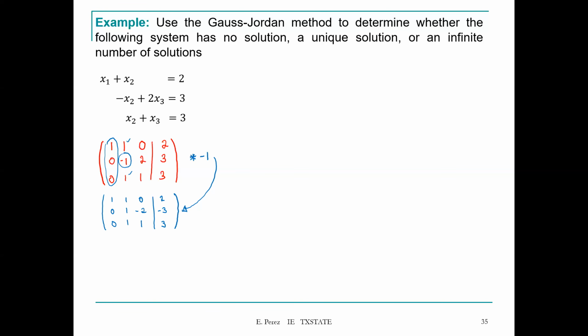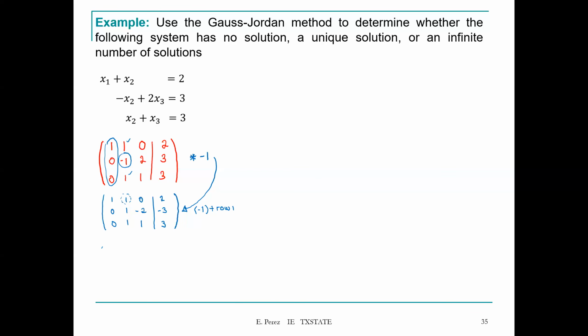So by multiplying that second row by -1, this is the resulting new row. Now I'm going to work with this one here. I want to make that equal to 0. So I'm going to multiply this second row by -1, and then add that row to row 1.